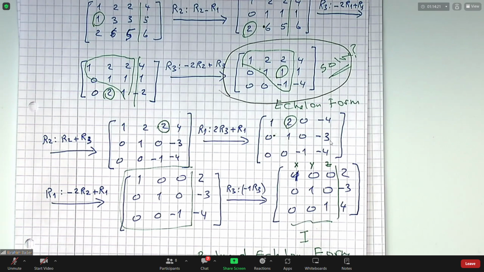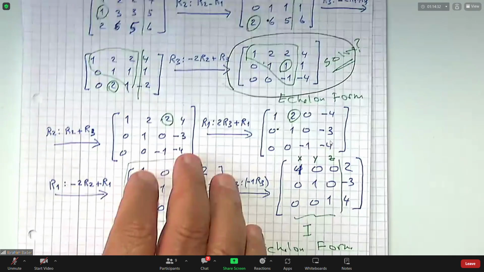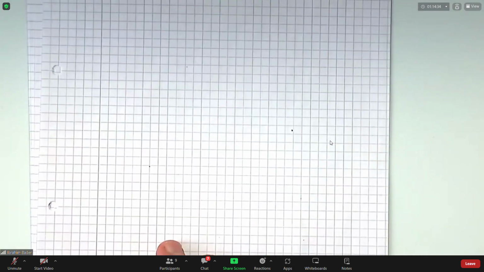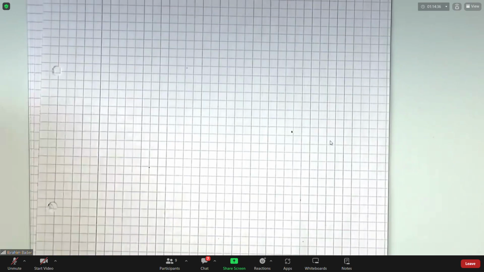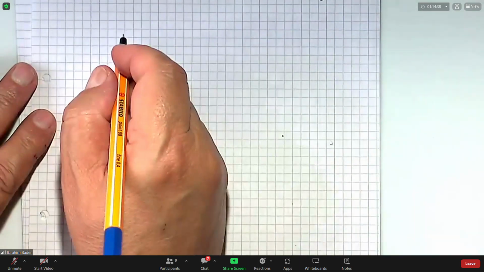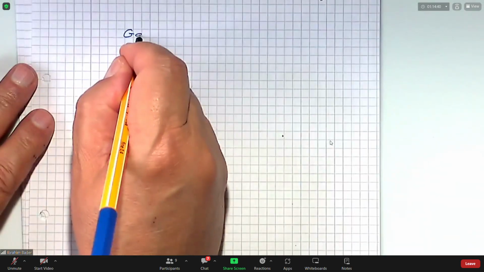This is actually the systematic method that we will be doing. Let me just summarize it again. This method, either Gauss or Gauss-Jordan elimination.